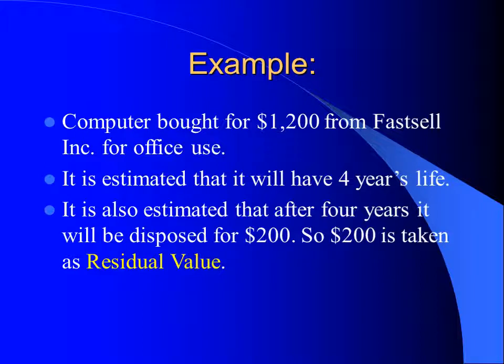So let's take an example that a computer is bought for $1,200 and its estimated useful working life is 4 years, and it is estimated that after 4 years the computer can be disposed of for $200. So $200 in this case is the residual value.